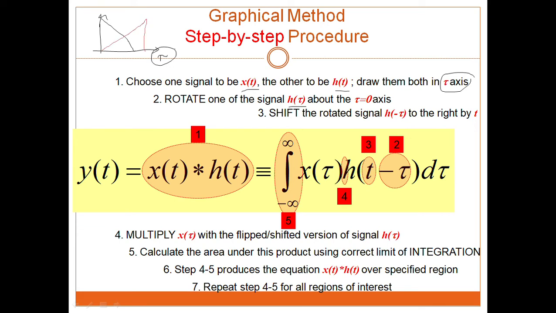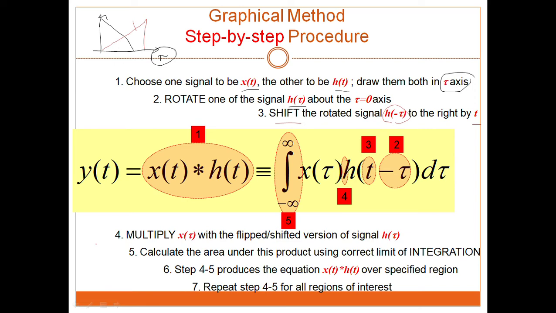If just now it is like this, the rotation will be like this, because we have not yet shifted it. Then we shift the rotated signal h(t minus tau), this is an example only, to the right by t. Now our job is to think how many conditions there are for the shift.